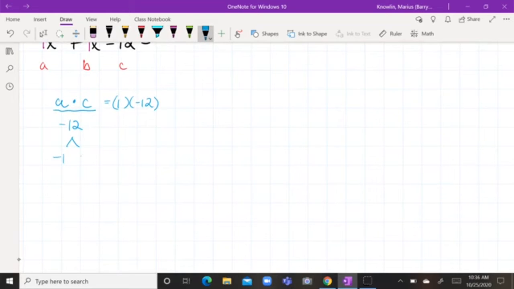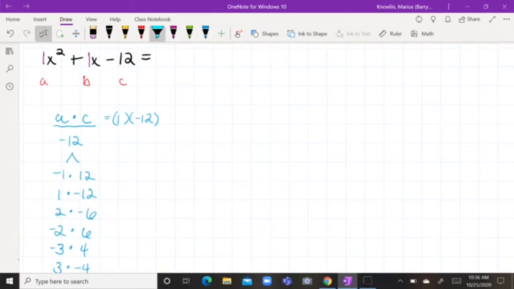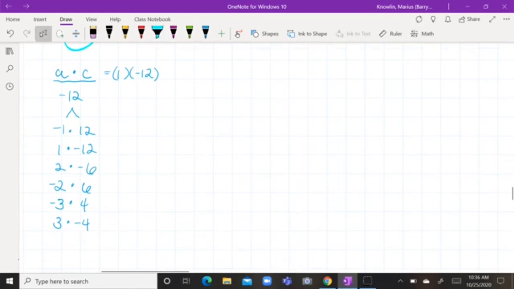So we have negative 1, positive 12; positive 1, negative 12; positive 2, negative 6; negative 2, positive 6; negative 3, positive 4; and positive 3, negative 4. Those would be the factors of negative 12, but then we need to add them to see which one is going to give us a positive 1.